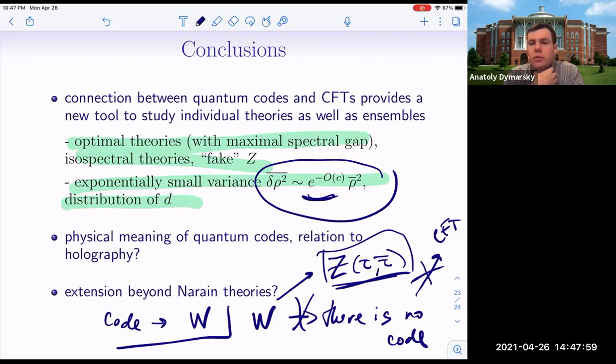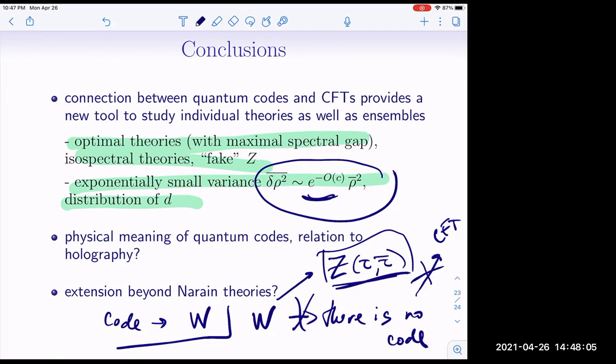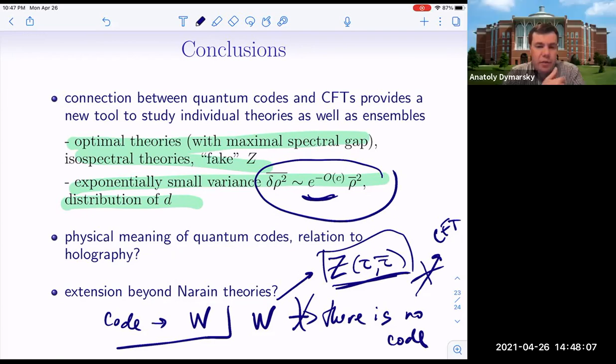I would agree that this is a definition of CFT, but we do not have OPE coefficients. I'm saying that I have Z, which is modular invariant, but you do not know if you can complete it by OPE coefficients such that it would define a self-consistent CFT. If you wish, this is essentially the question.